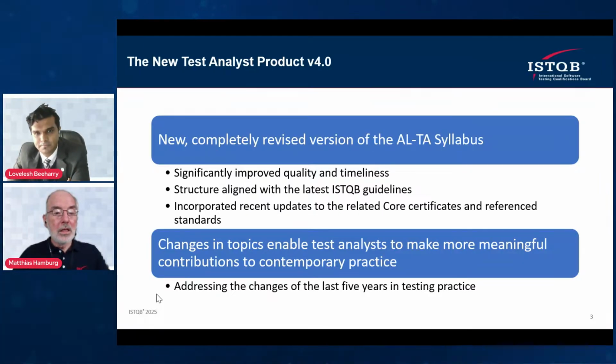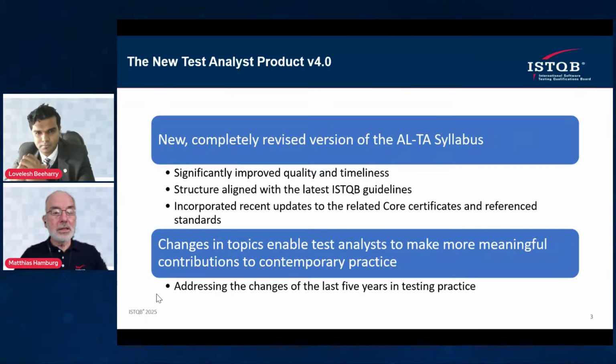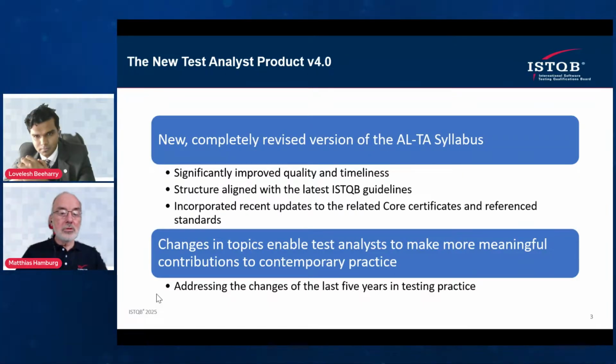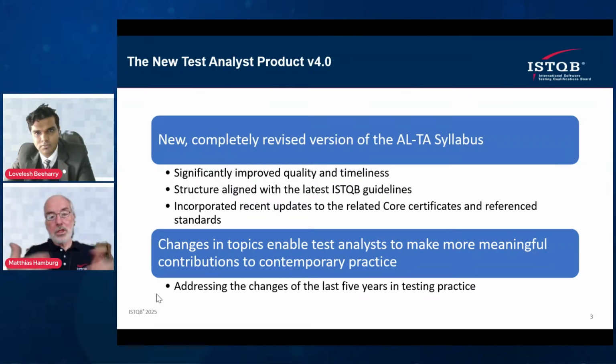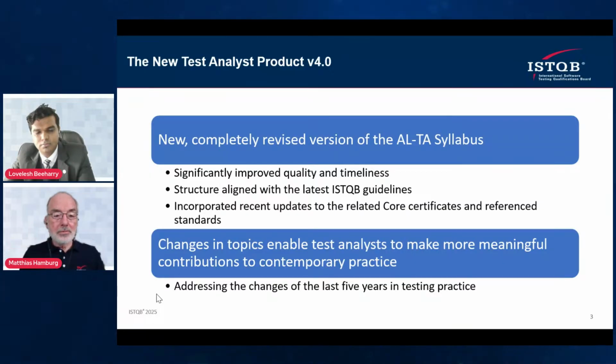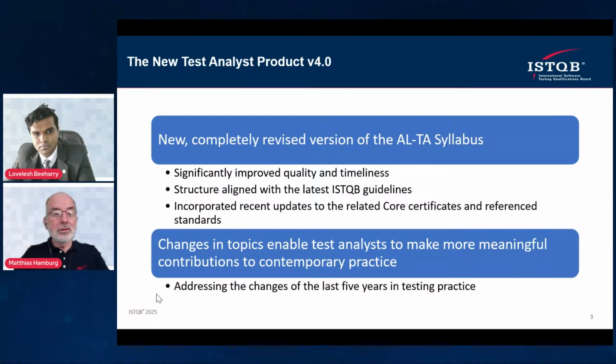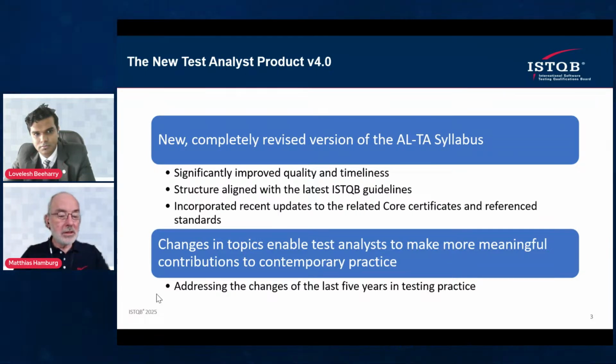So we aligned the structure with the latest ISTQB guidelines. We incorporated recent updates of the core certificates. I can discuss them in more detail later. And we also aligned the topics with the needs of the industry currently.